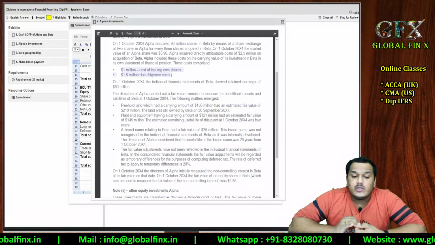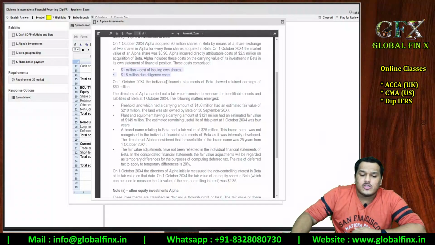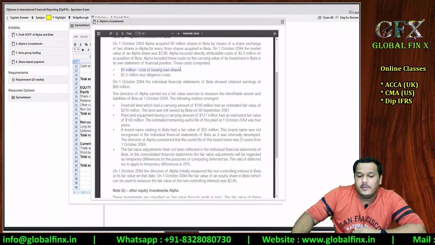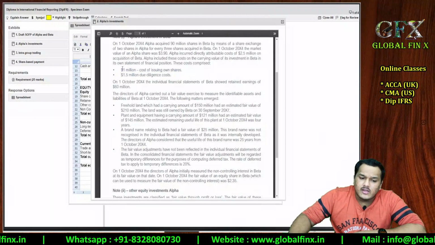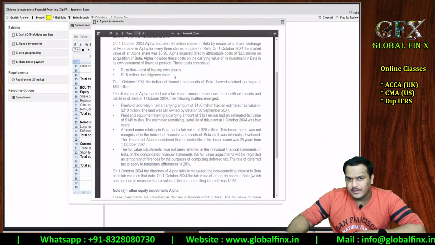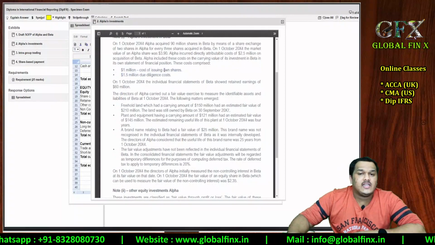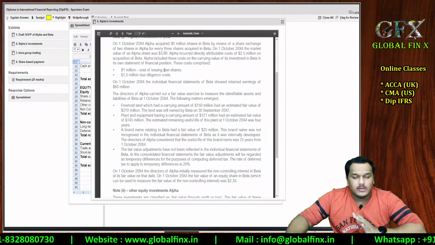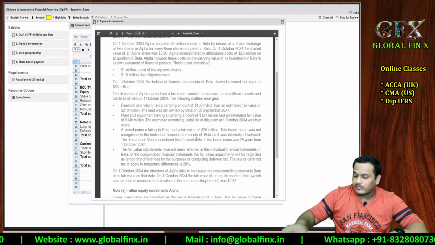Rather, this will be reduced from the retained earnings, or if you have share premium, this cost of issuing own shares, that is 1 million, will be reduced from the share premium or any other reserves if you have other reserves. If you don't have any other reserves, you can adjust them with the retained earnings. Okay, this 1 and 1.5 will be adjusted from the retained earnings or other reserves, not from goodwill. It shall not form a part of goodwill calculation, right?